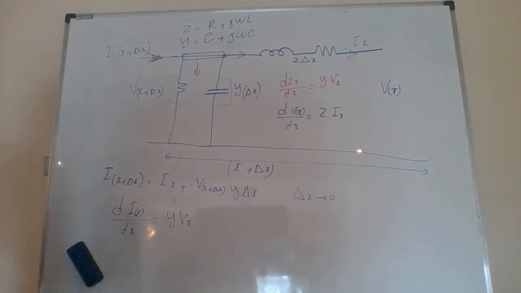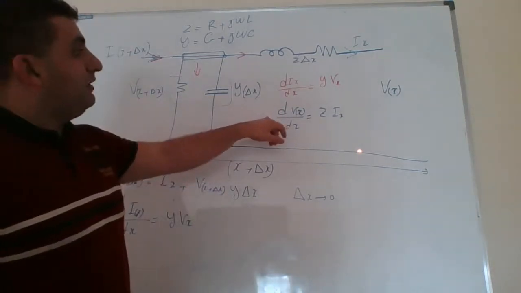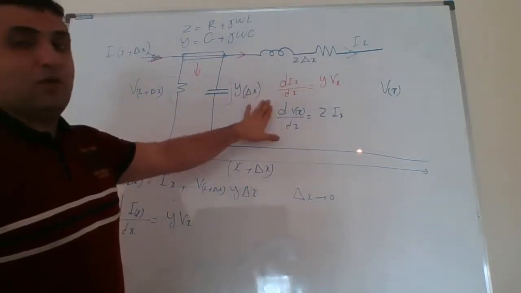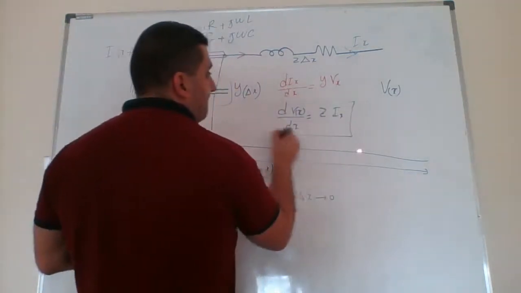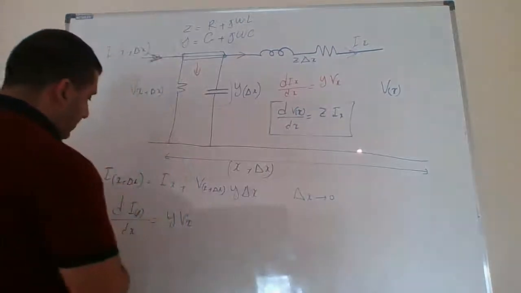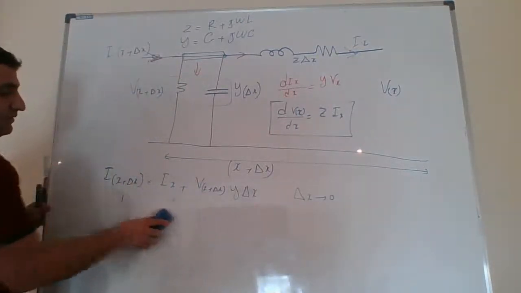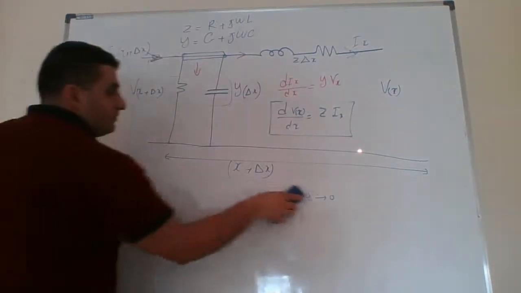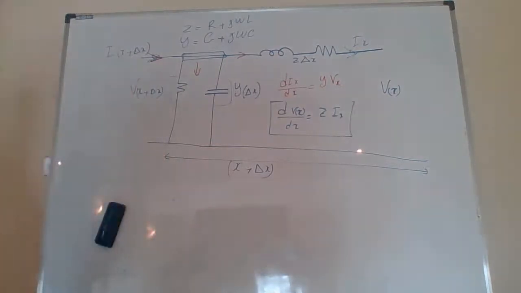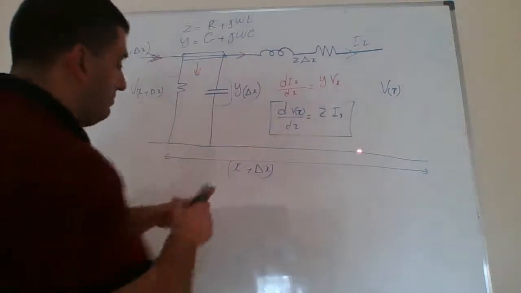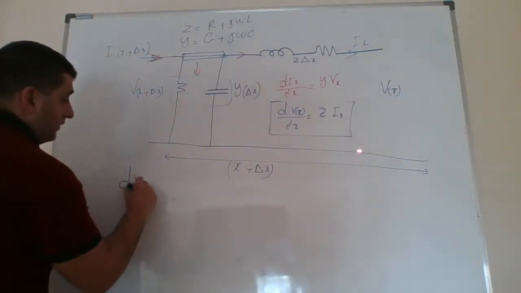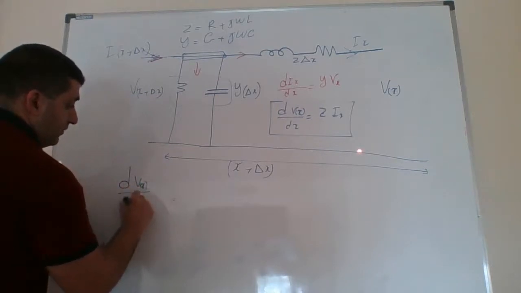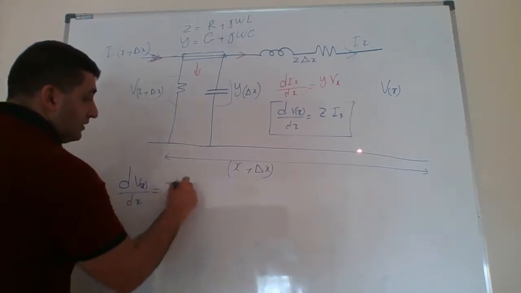Now, what will happen if I go ahead and I derive these equations? When I derive these equations, dVx over dx is equal to z Ix.